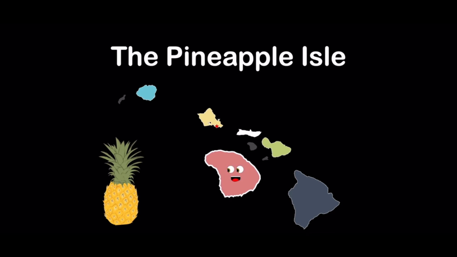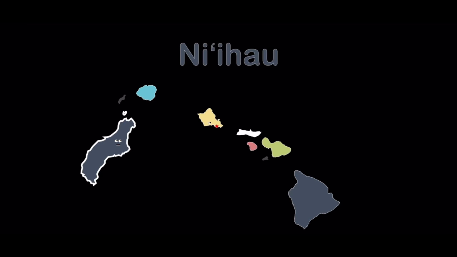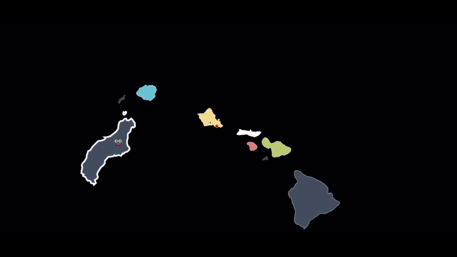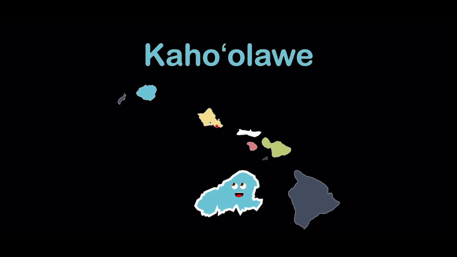The island of Niihau, or the Forbidden Isle. I'm the 7th largest of the 8 majors. Kaho'olawe, that is my name if you please.